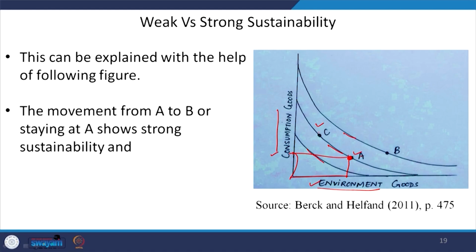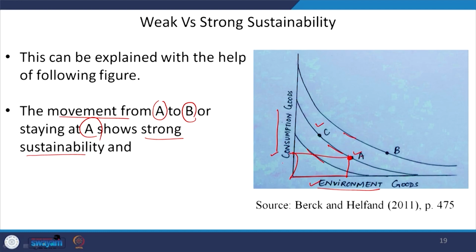Based on these very principles of indifference curves, we can say that if the person is moving from point A to point B, or staying at A, it shows the case of strong sustainability. Why strong sustainability?